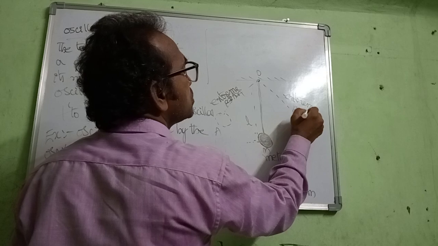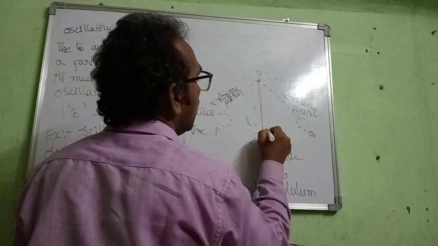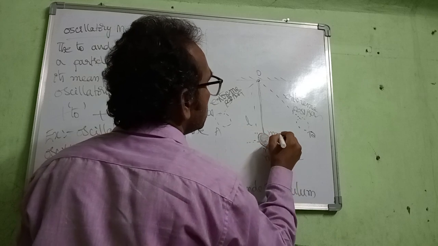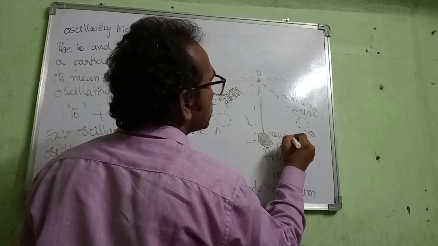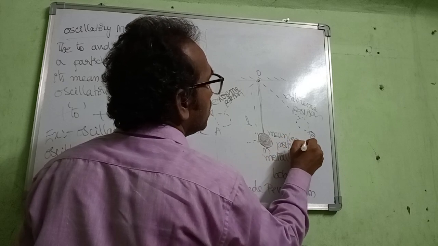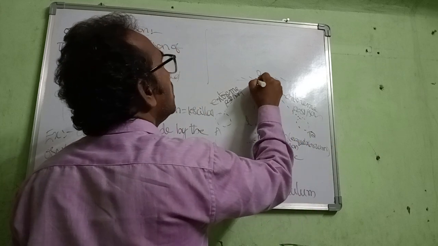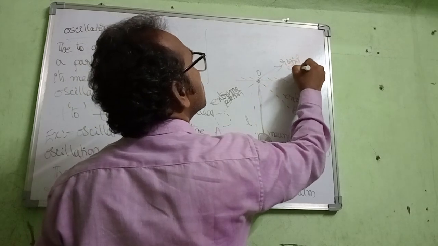This is called mean position or equilibrium position. Now this is called rigid support.